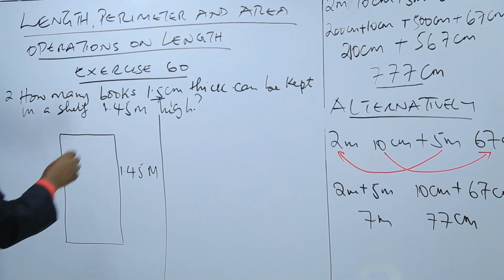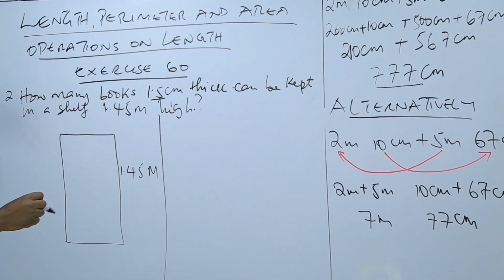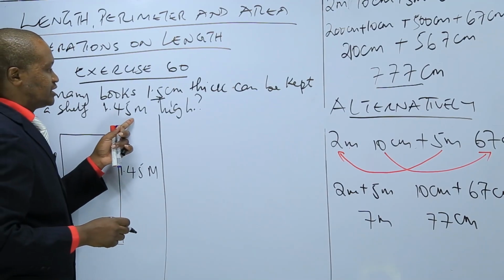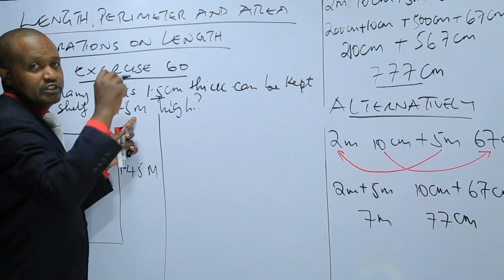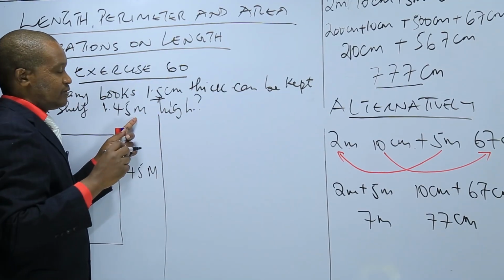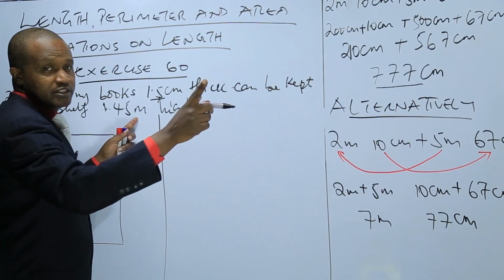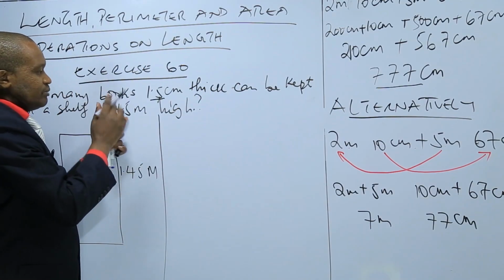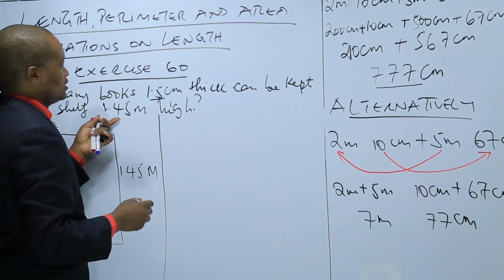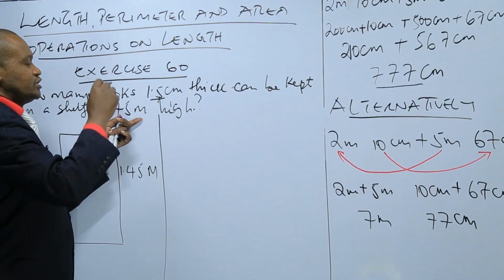The shelf is 1.45 meters. So we are going to convert first the meters into centimeters. Sometimes it's better to convert the larger or bigger units to smaller units. So the bigger unit here is meters. So let us convert 1.45 meters to centimeters.